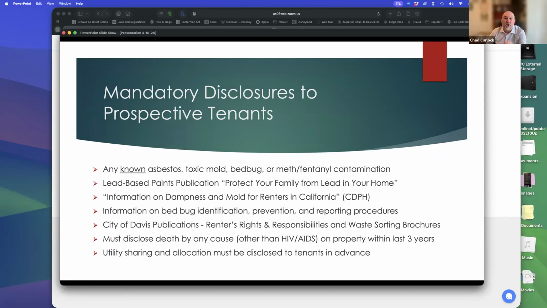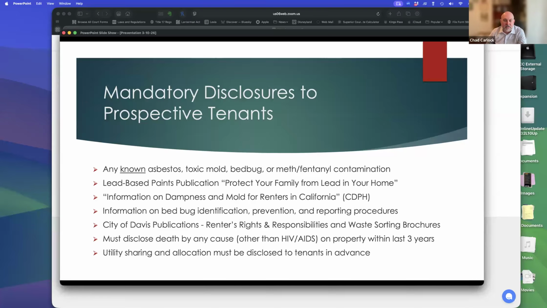If there is any known asbestos, toxic mold, bed bugs, or meth or fentanyl contamination in the unit that you are renting, they are entitled to know that. Obviously, you're going to want to remediate that as best you can before it starts. Ideally, you'd want to completely get rid of that, but if there is contamination there or has been in the last several years and it was remediated, the prospective tenants need to be informed of that.